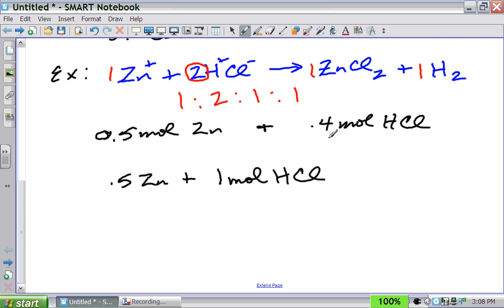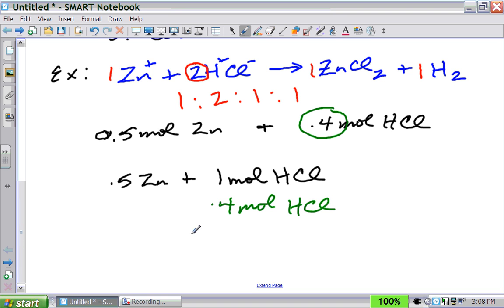But the reality is, we only have 0.4 moles. So instead of having 1 mole, because this is ideal, we actually have 0.4 moles HCl.